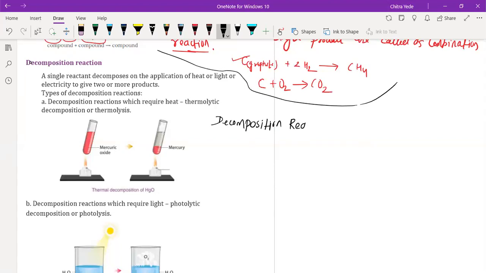Decomposition reaction. So decompose means to break down. I'm just going to write the meaning of decomposition reaction: the process of breaking down a complex substance, when a complex substance breaks down into a simpler form.